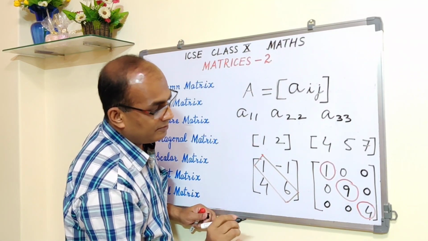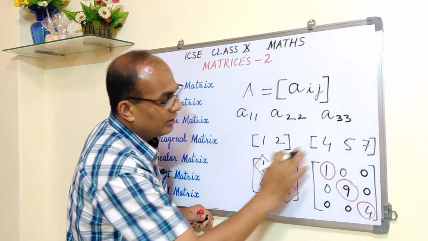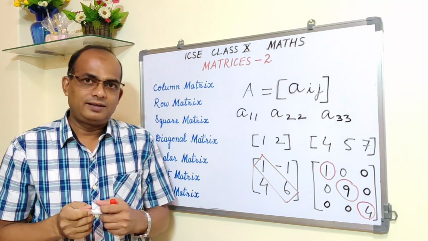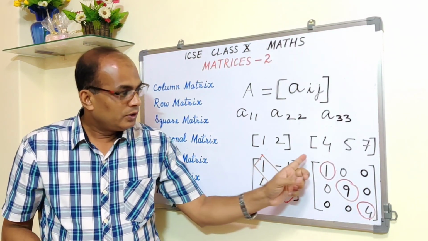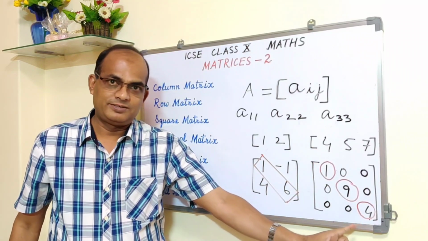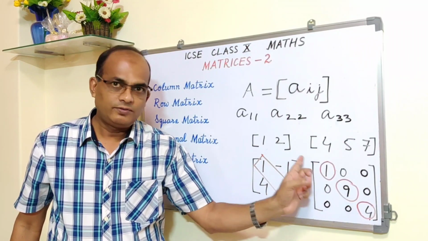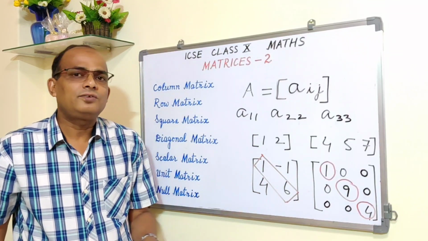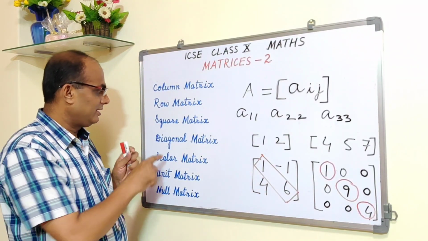What can you say here? You can see that all the non-diagonal elements are 0, you have only diagonal elements. Such a square matrix is called a diagonal matrix.